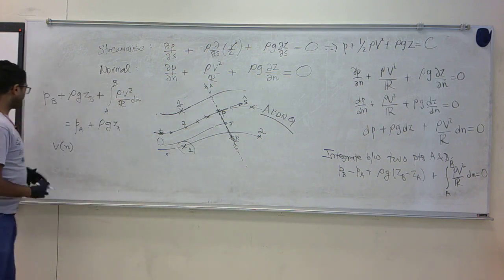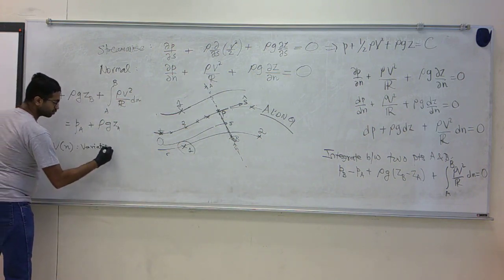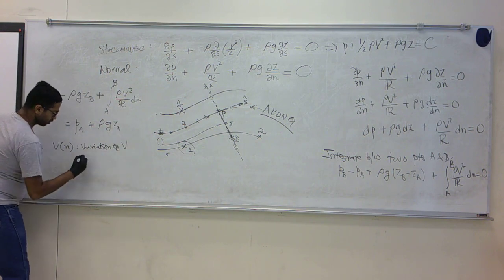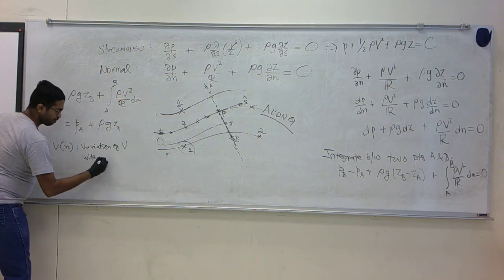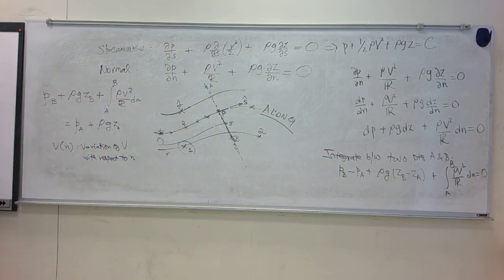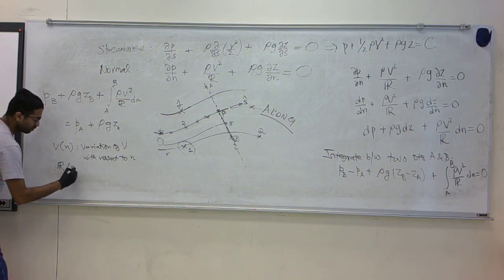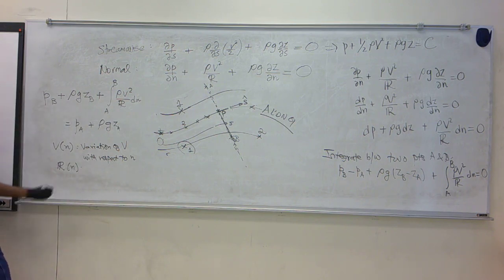So you need to get the variation of velocity with respect to n. You need to get that variation, and even if density is a constant, the radius of curvature may also be a function of n.